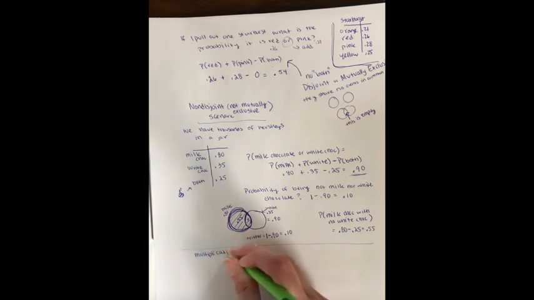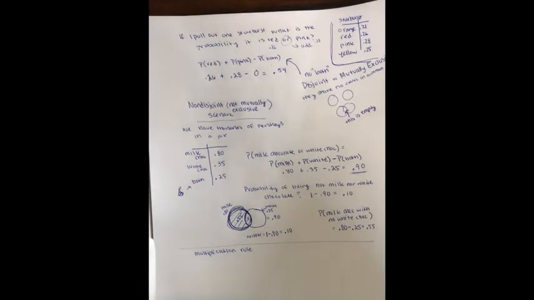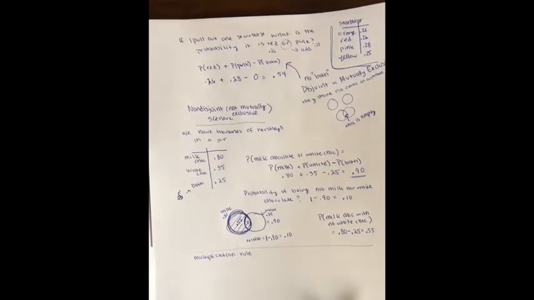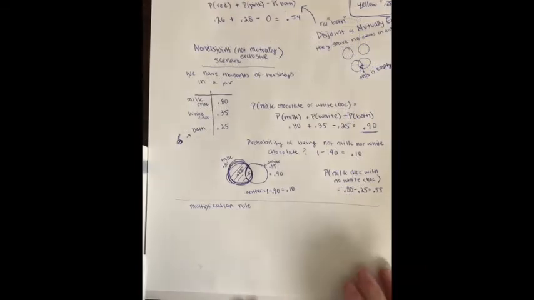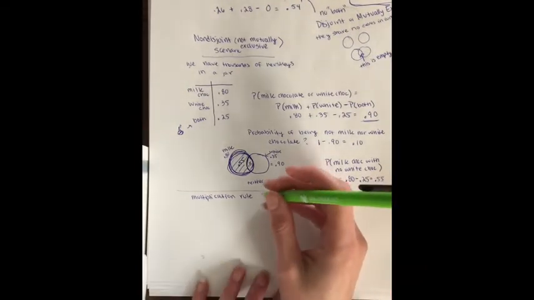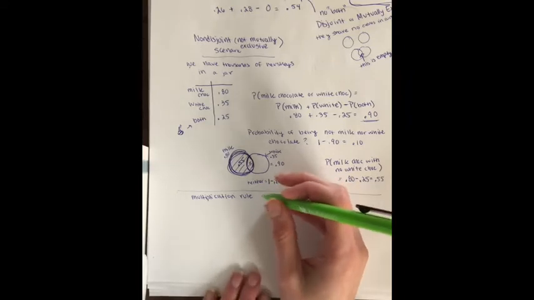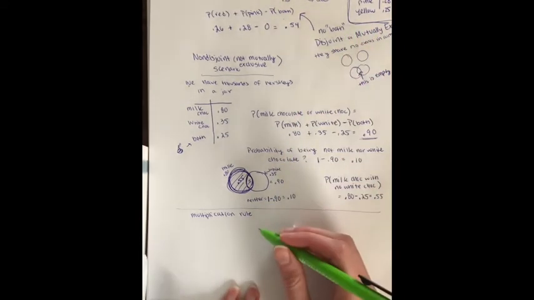The multiplication rule occurs when you have more than one event. So it's called compound events. So the multiplication rule goes when you have multiple events. So let's say we're dealing with the starbursts again, and we're pulling multiple starbursts.